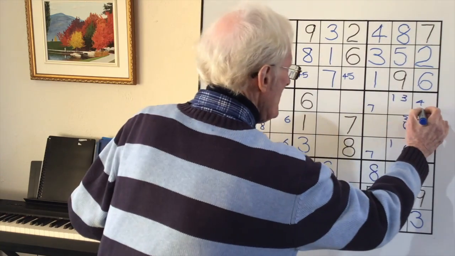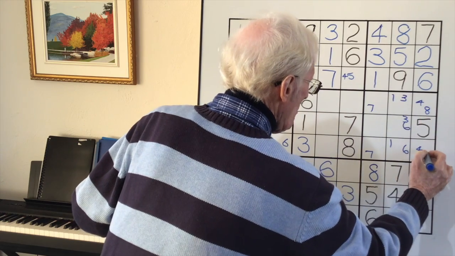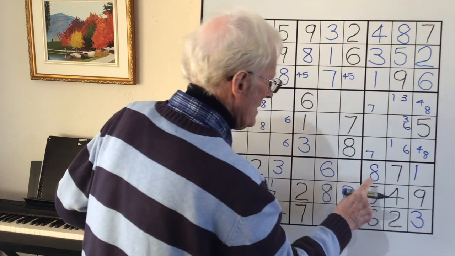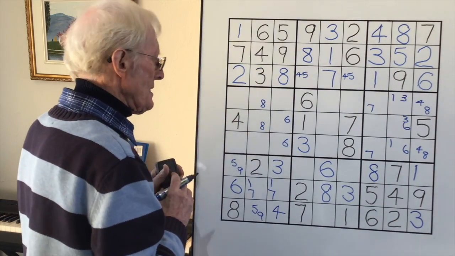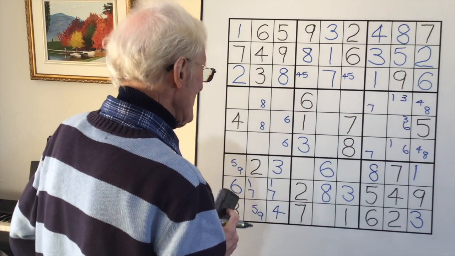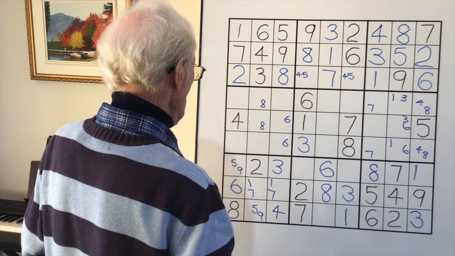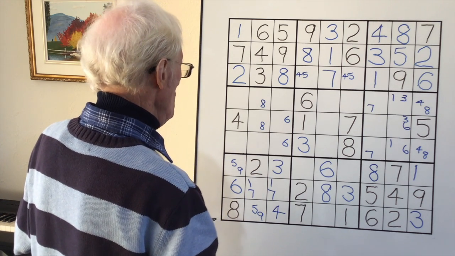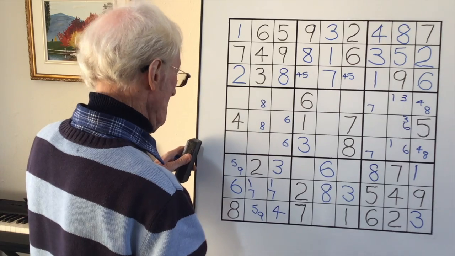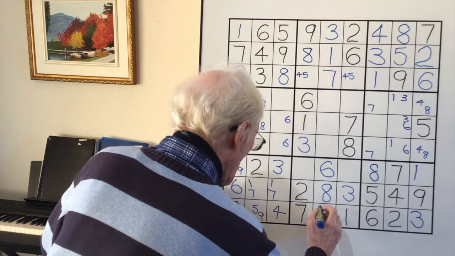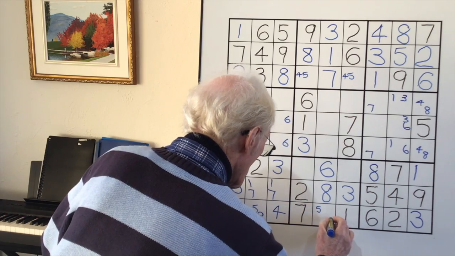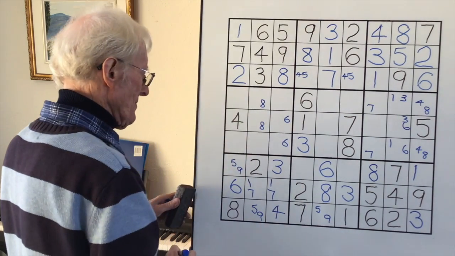We have over here a 4-8 matching pair. Left, right, center. Now, let me see. What does that do? Anything in particular? Nope. Oh, down at the bottom here, I forgot this. We have a 5-9 matching pair. It's easy to miss, isn't it?